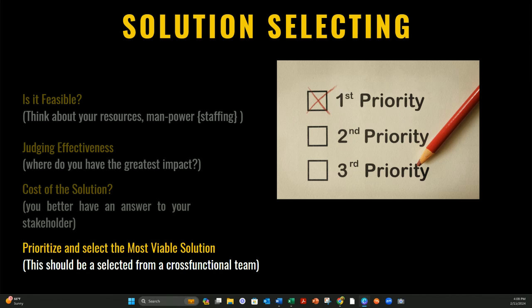From here, you start to prioritize your list based off of this, right? And you select the most viable solutions. One thing I want to note as you're looking at this is that viable solutions should come from a cross-functional team, a team of Six Sigma professionals, maybe that have a baseline understanding of Six Sigma, but maybe more of an advanced aspect.